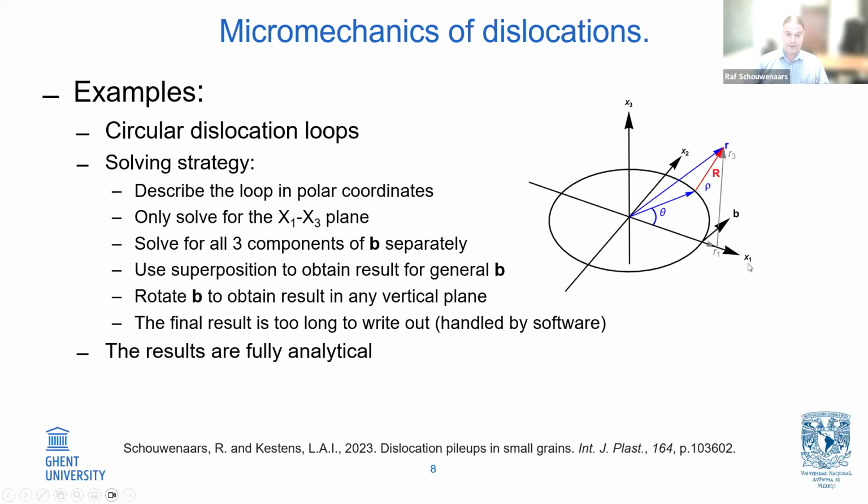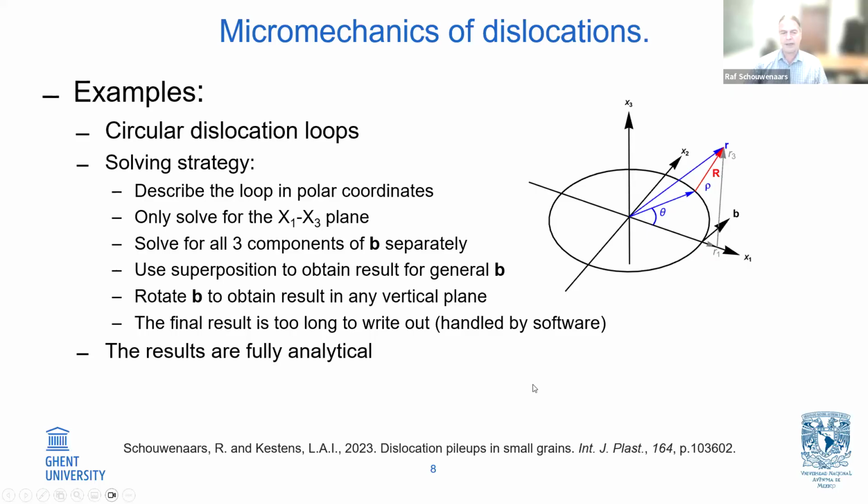And then to get a general result in any vertical plane, what you do is rotate B, or virtually rotate the dislocation. Yeah, you rotate B, and then you can let the software solve it. The final result is too long to write out. In fact, it's like 8 pages just to express the stress field.